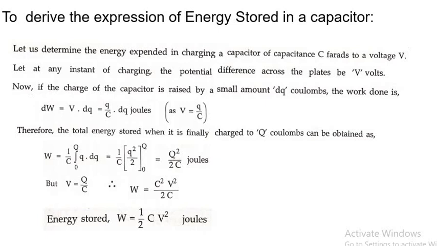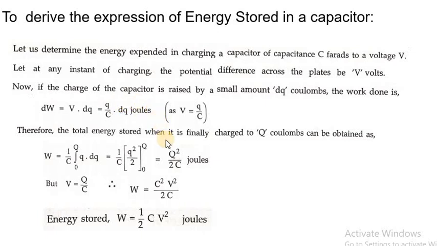This energy is stored in the capacitor in the form of an electrostatic field developed in the dielectric medium. This derivation is generally asked in exams for 6 to 7 marks, so please follow all these steps properly.